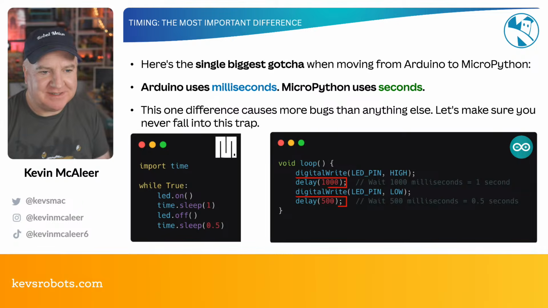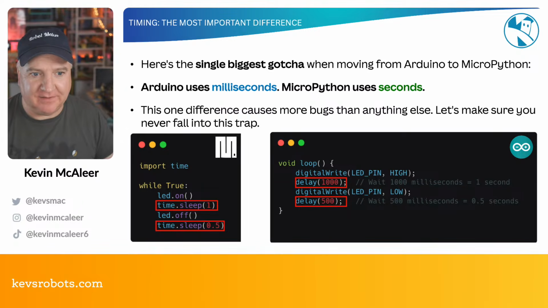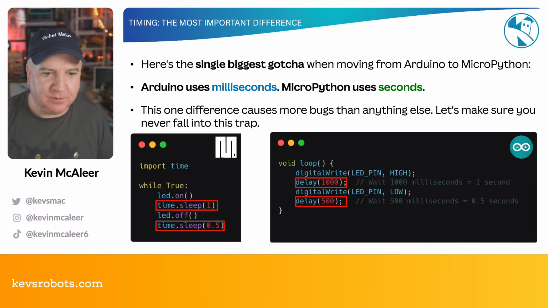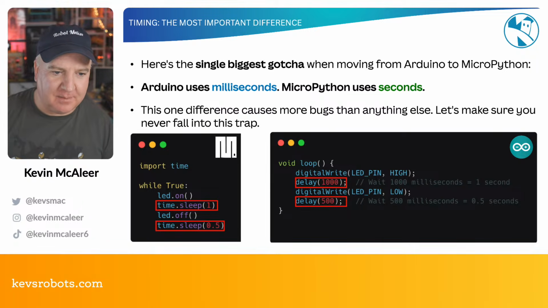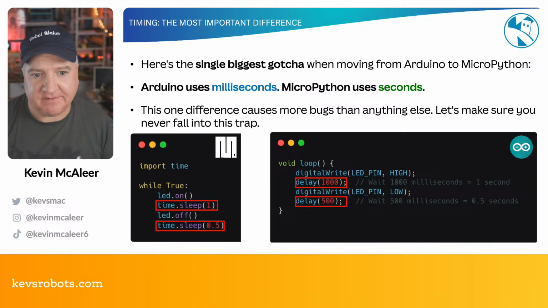Timing. So the most important difference, there's a single biggest gotcha when moving from Arduino to MicroPython. Arduino uses milliseconds, MicroPython uses seconds for the delay and the sleep functions. This one difference causes more bugs than anything else, so make sure you don't fall for that. On the left hand side in MicroPython, we have time.sleep(1), which means sleep for 1 second, or sleep(0.5), sleep for half a second.